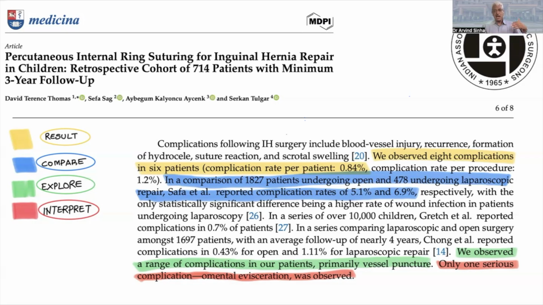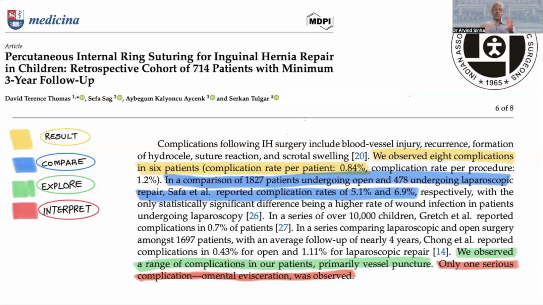The next line is, in a comparison of 1827 patients undergoing open and 478 patients undergoing laparoscopic repair, SAFA found complication rates of 5.1 and 6.9%. This is the comparison of the author's results against the existing literature, right? The third line, marked in green, is, we observed a range of complications in our patients, primarily vessel puncture. This is the explanation of the results itself.